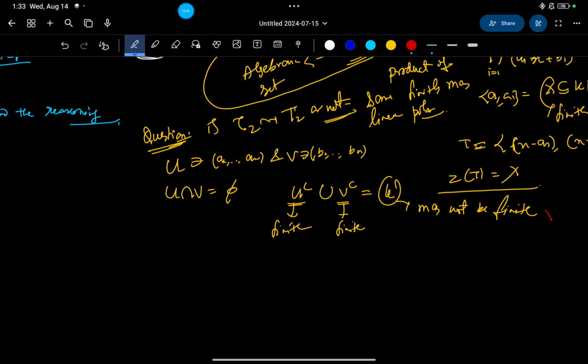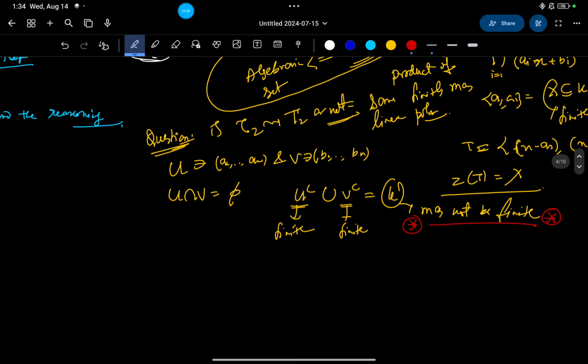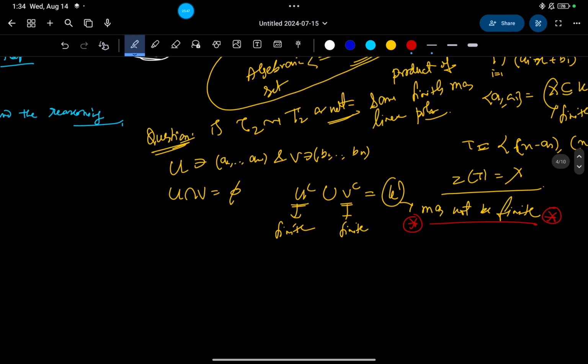Here is a danger point: K may not be finite. So from this aspect we can say that the Zariski topology that we have defined is not Hausdorff in general.